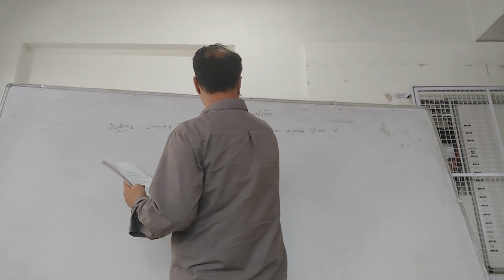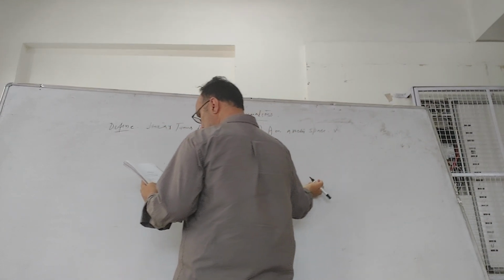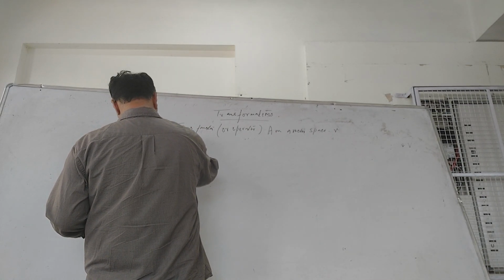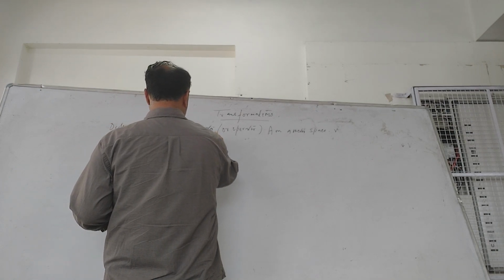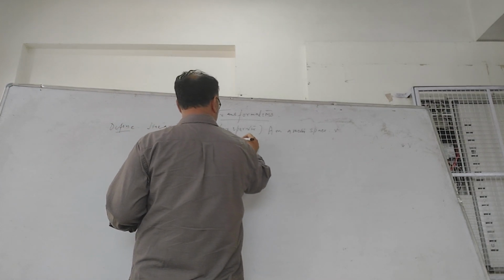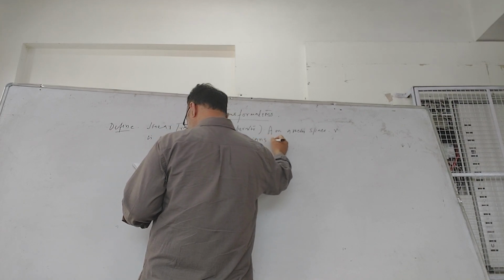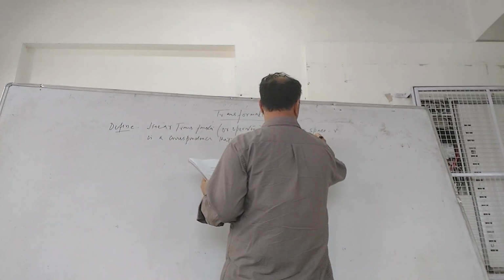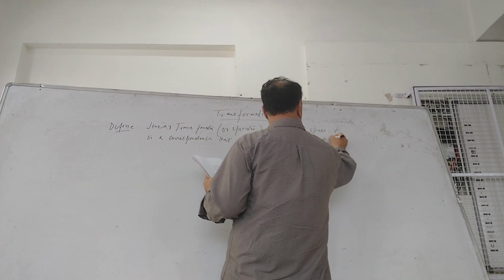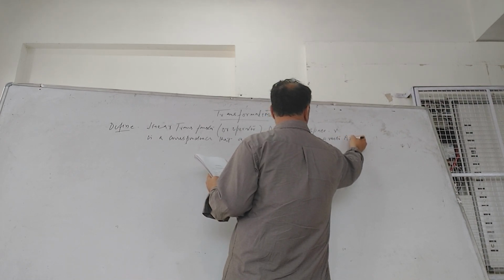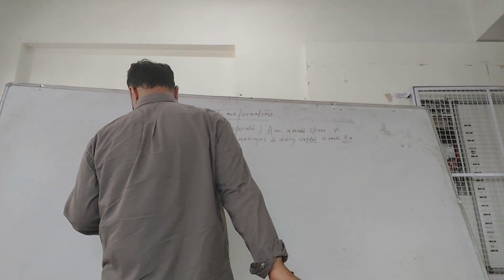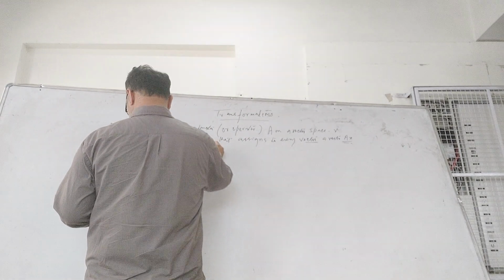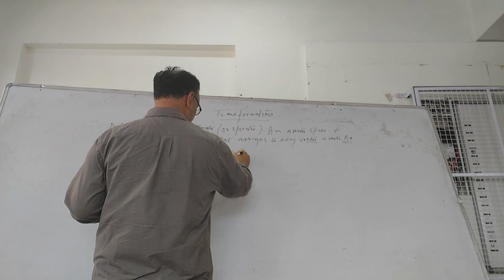A linear transform A on a vector space V is a correspondence that assigns to every vector, not scalar, to every vector x, a vector Ax in V, which is a vector space, such that, so this is the way we define.